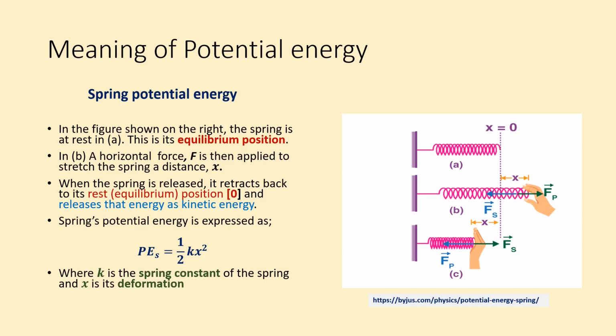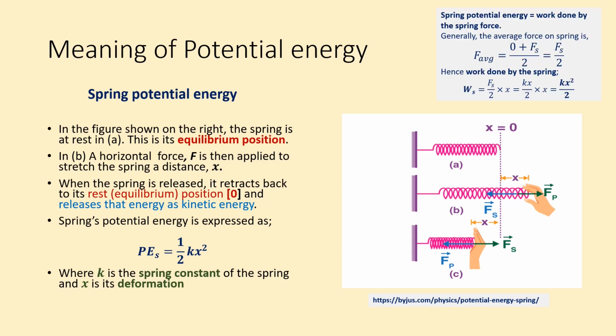If you're wondering how this formula came about, essentially the spring's potential energy is the work done by the spring force. And in the topic of work, we know that work is force times distance. But whenever you're stretching a spring, you start with a force of 0 and you reach a maximum force that here we're calling Fs.